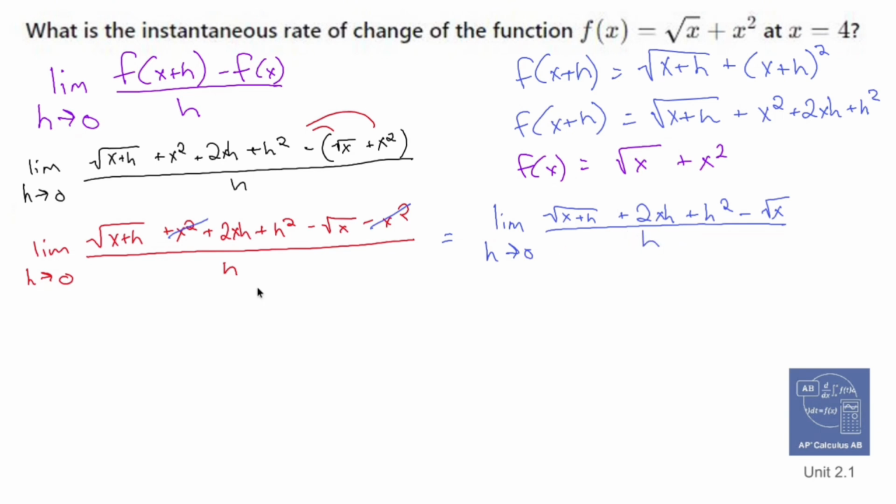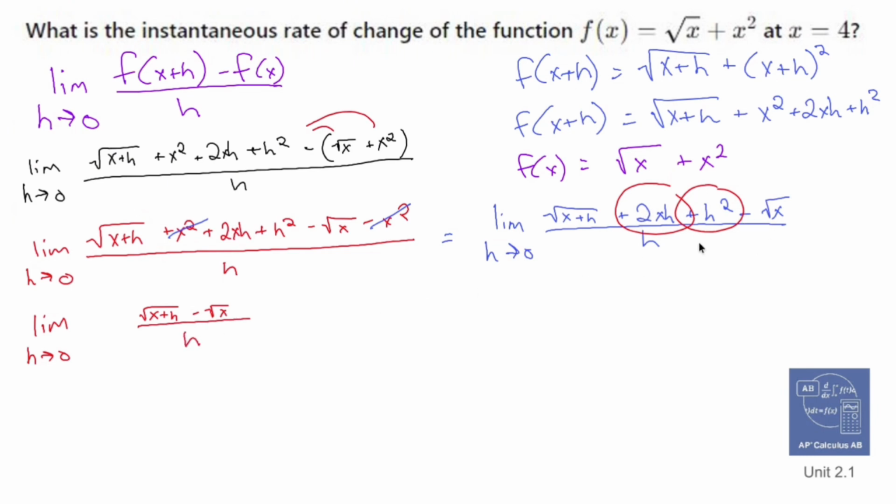That's no good. But what I do notice is that the 2xh and h squared terms have an h attached. So I can move them to the side. I will say the limit as h approaches 0, I can keep these two grouped together with a little bit of space, and you'll see why: root of x plus h minus root x all over h.